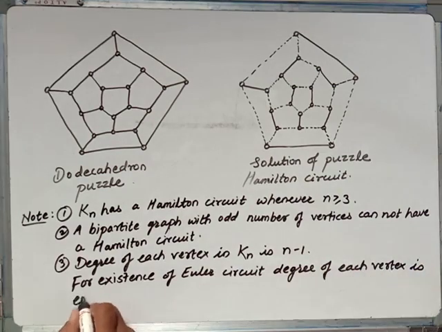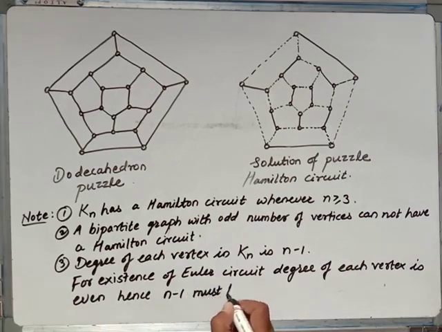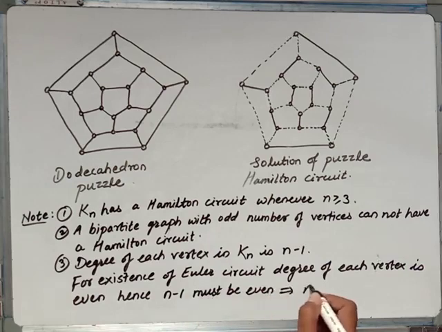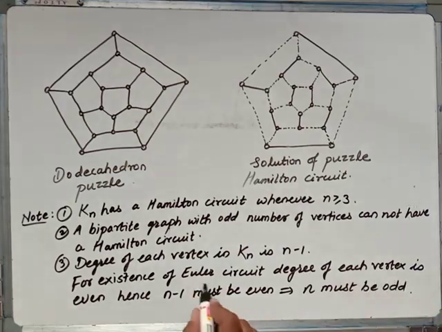Even. So hence n minus 1 must be even, which implies n must be what? Odd. n must be odd. Then the Euler circuit will exist there.